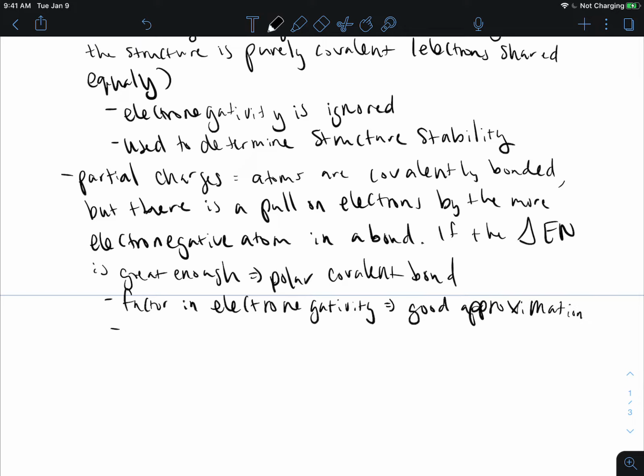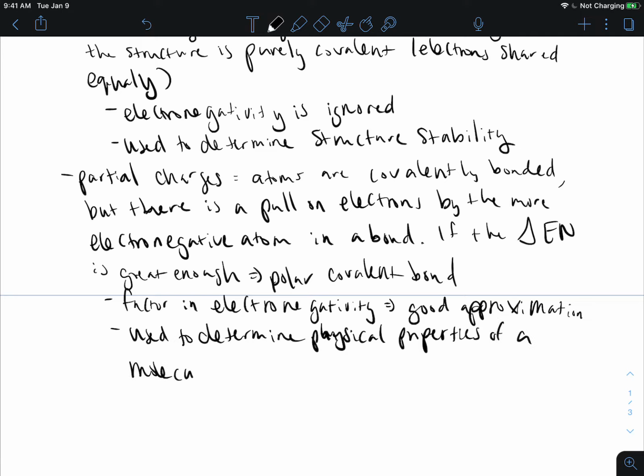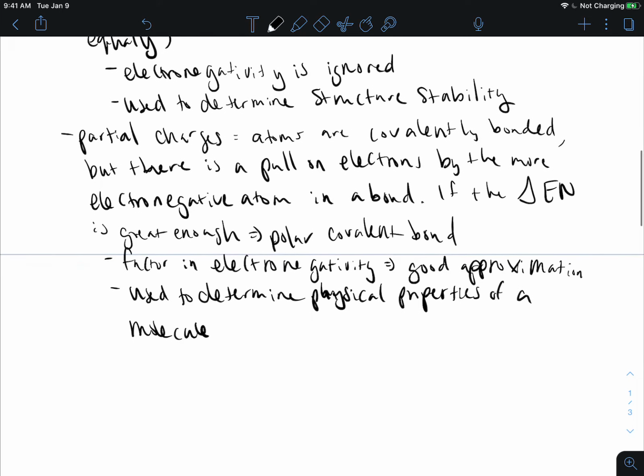And we use these to determine physical properties of a molecule. So is it going to have a high boiling point, a low boiling point, high melting, low melting, those types of things can be determined by looking at partial charges.